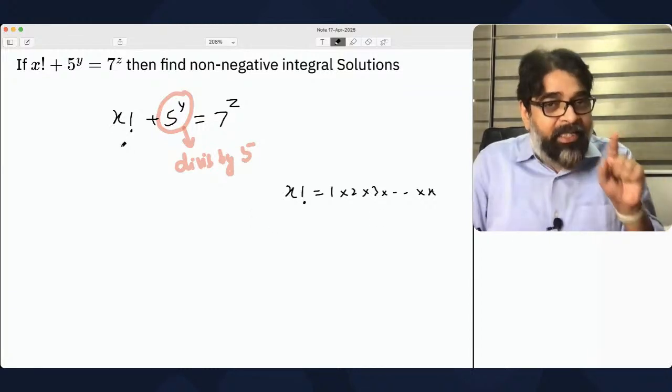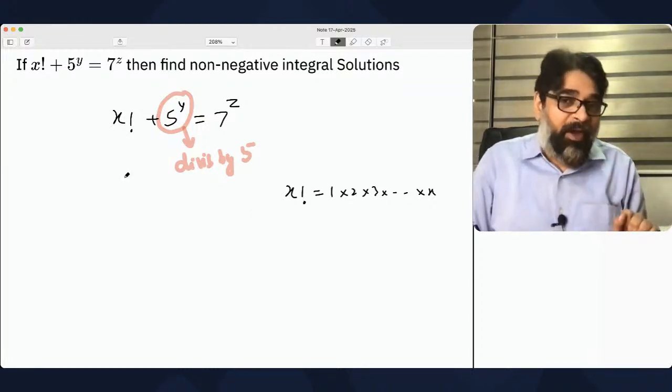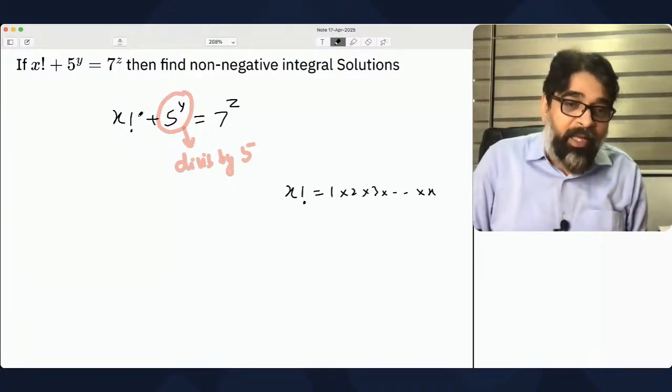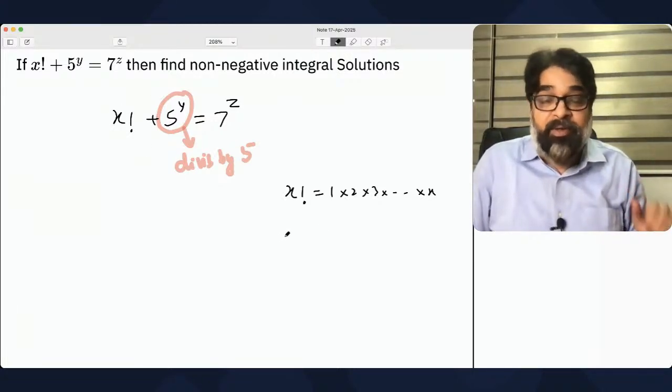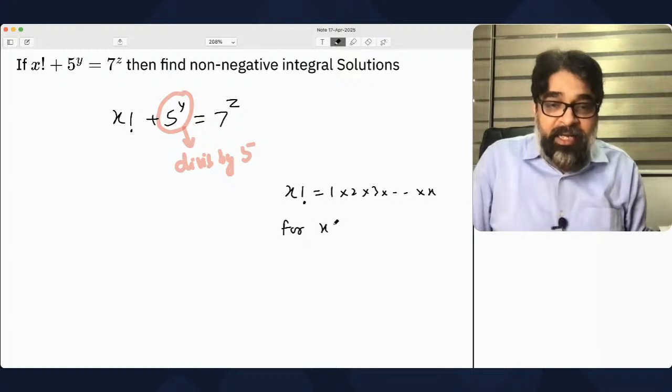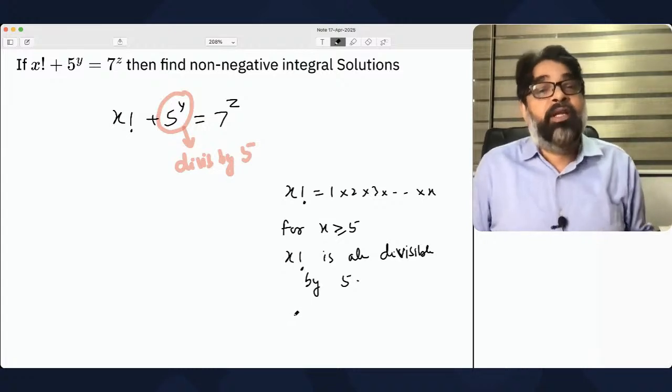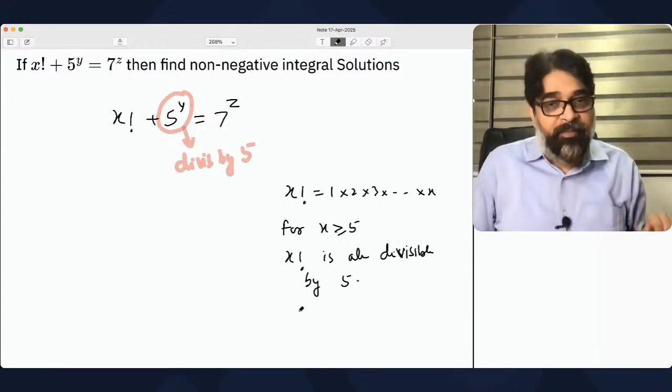If I take x equal to 5 or bigger than 5, this quantity will always be divisible by 5. For x greater than or equal to 5, x factorial is always divisible by 5.